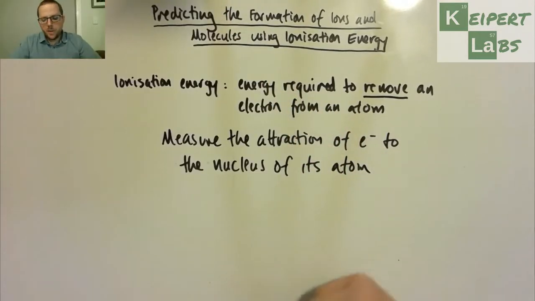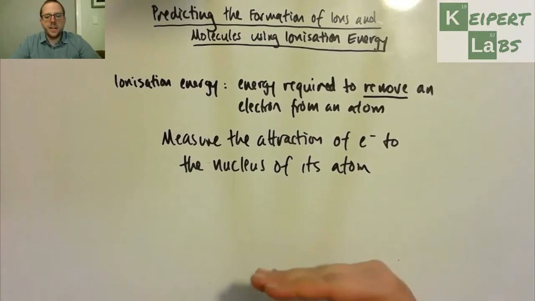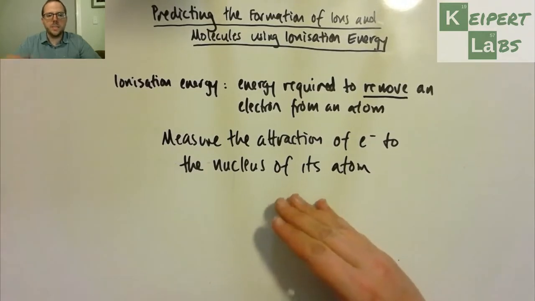What we're going to do now is set up some arbitrary rules that we'll use when looking at the first ionisation energy of an atom, the energy required to remove the first electron, and use that to sum up the attraction as either strong, intermediate, or weak.